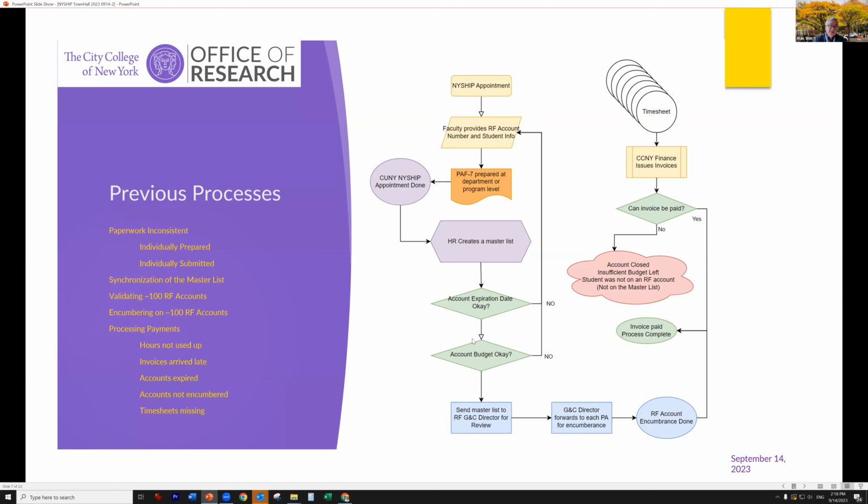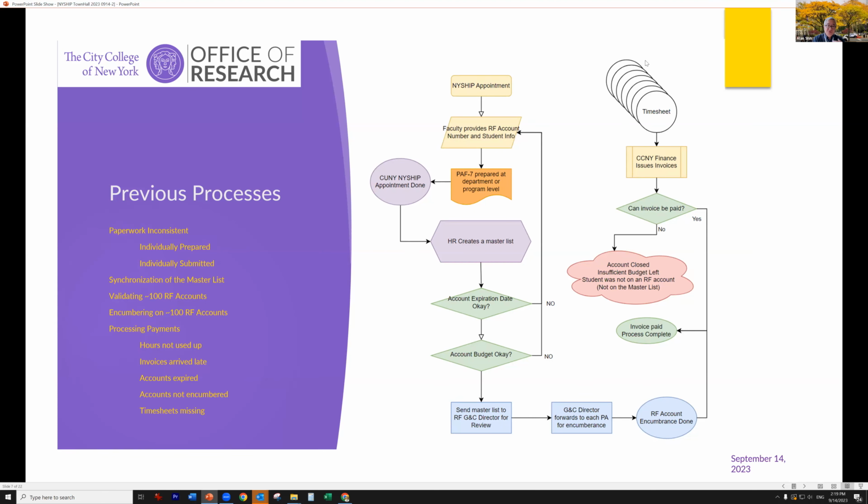If any of them have issues, they will go back to look for another account. But if they are okay based on the initial validations, the list is sent to RF. RF will encumber those amounts against the accounts involved.